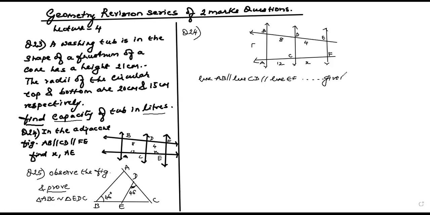And you can see the 2 transversals, BE and AF.